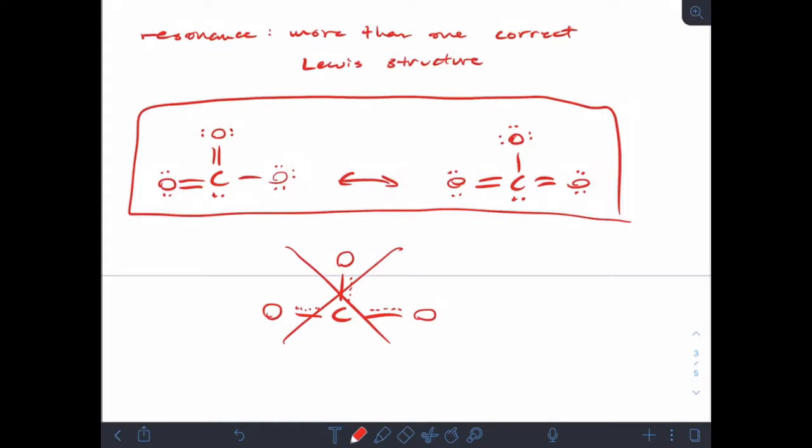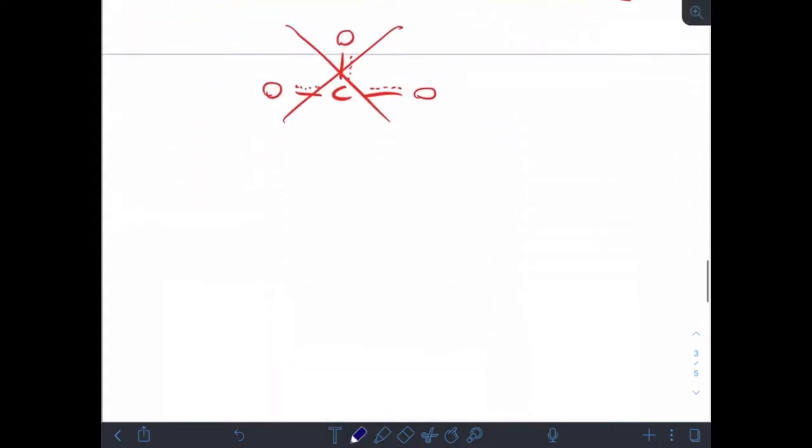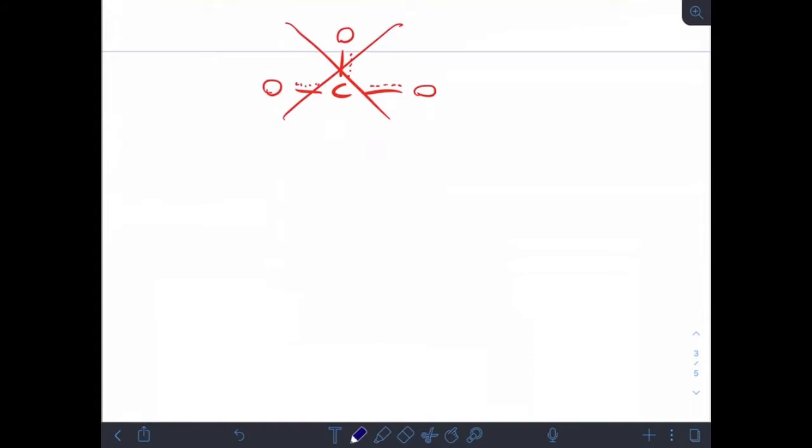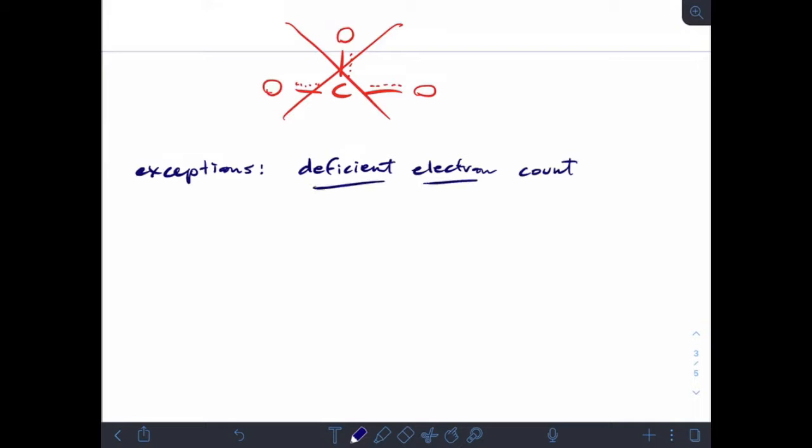So let's move on to our next exception to the octet rule. Sticking with exceptions, this exception is a deficient electron count. Okay, electron deficient species, right?